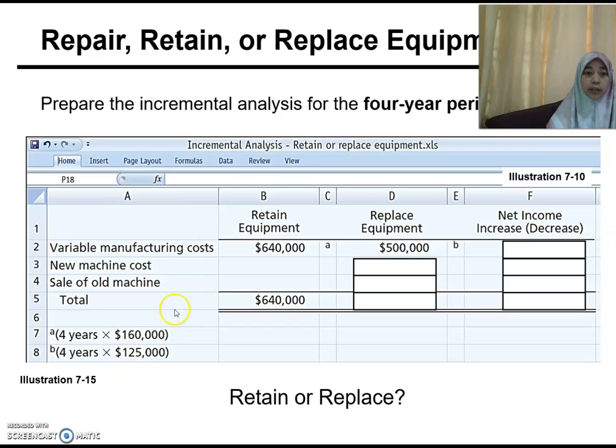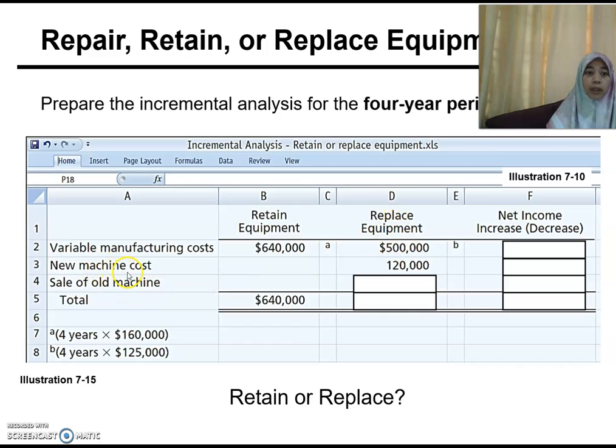The variable manufacturing cost will decrease from 160 to 125. So if you replace, your variable manufacturing cost will be 125,000, but because you are doing it for 4 years, you have to times it by 4. So your variable manufacturing cost will be 500,000 if you replace the equipment.